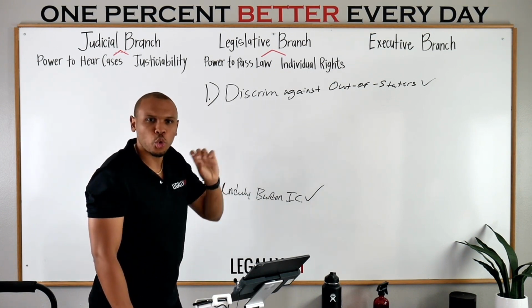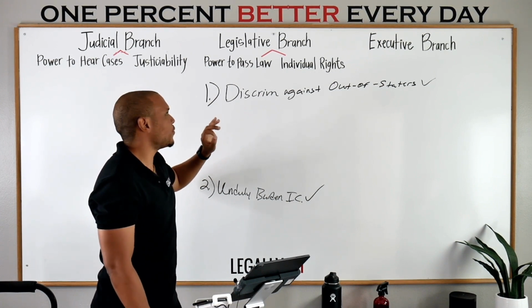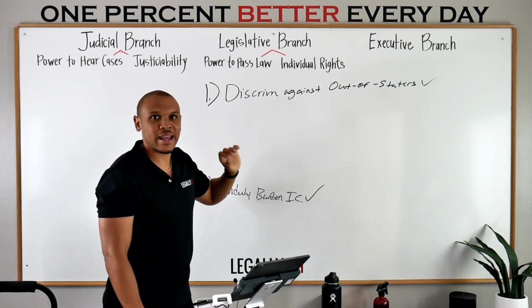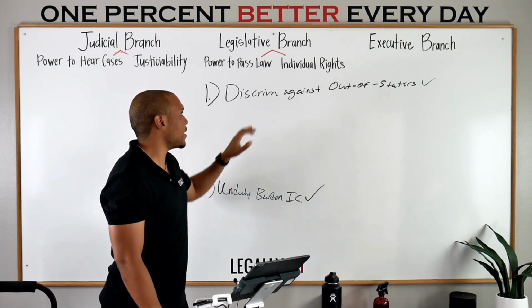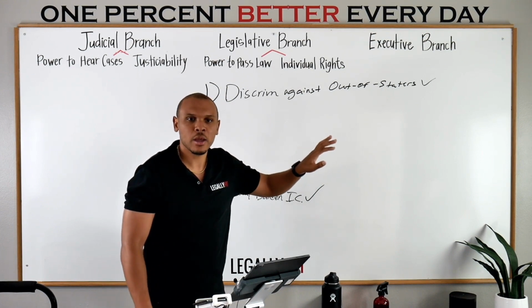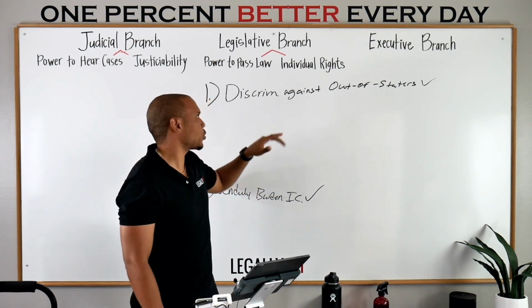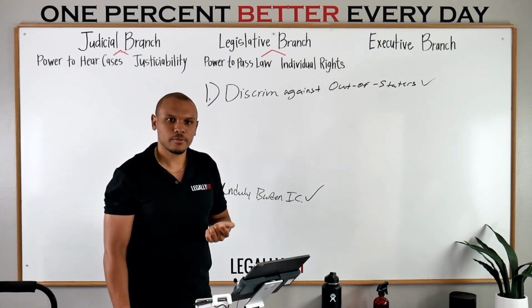So again, quick recap on that big picture understanding. If you are the state, and you're trying to have your law be constitutional, it's better if you do not discriminate against out-of-staters at all, because this first prong will be met. But Esteban, are there times where this first prong will be met even if the state is discriminating?